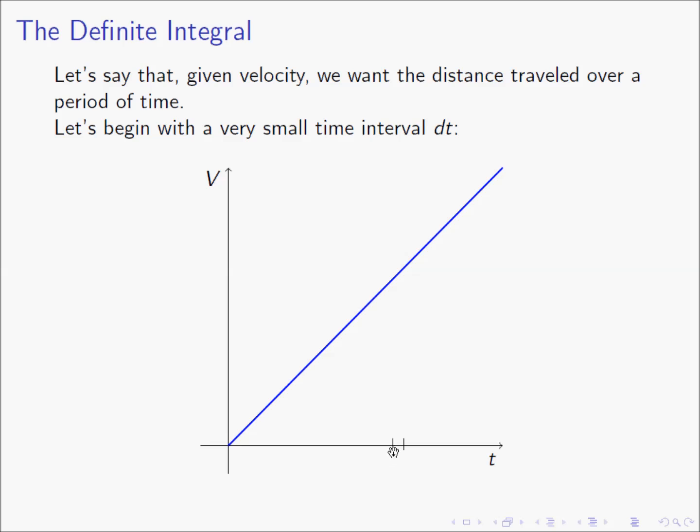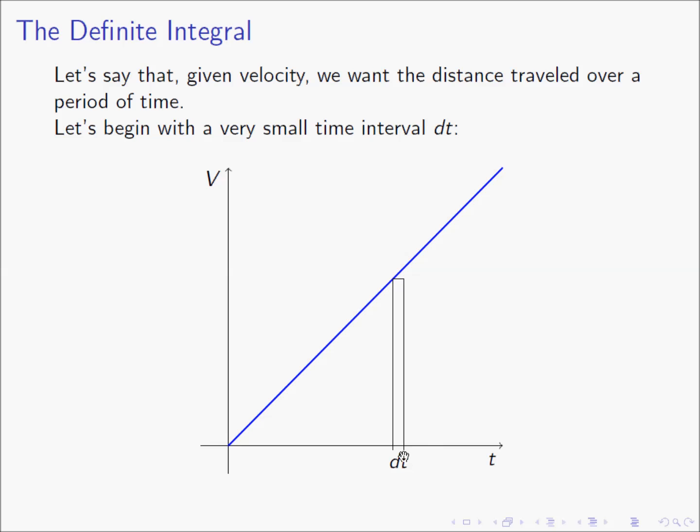We take a small interval here on the t-axis, the horizontal axis, that we're going to call dt. In fact, this interval should be very small. Here I draw it not very small, but you should imagine it as very small.